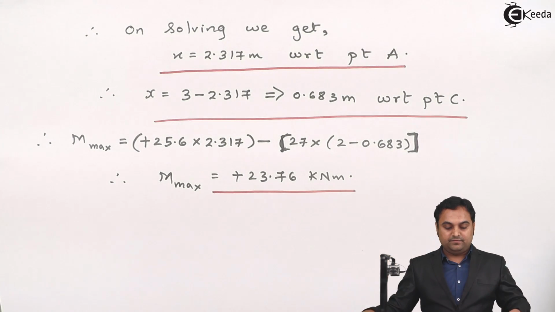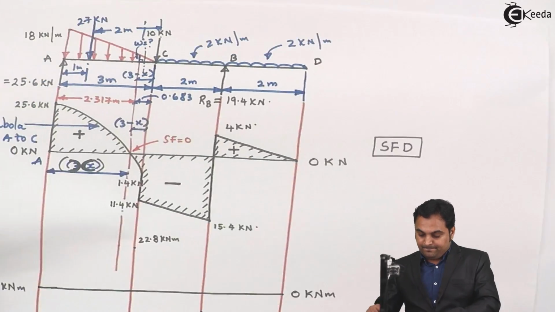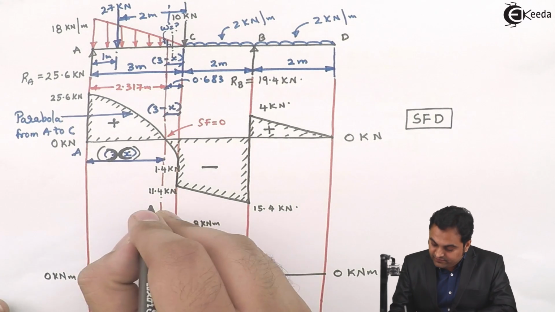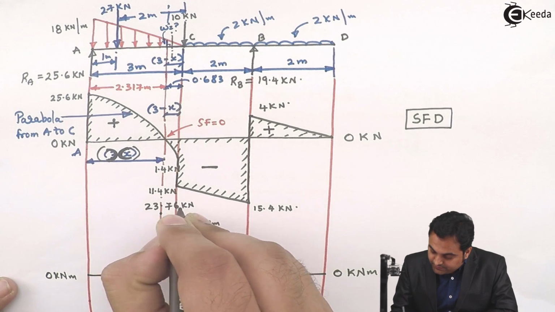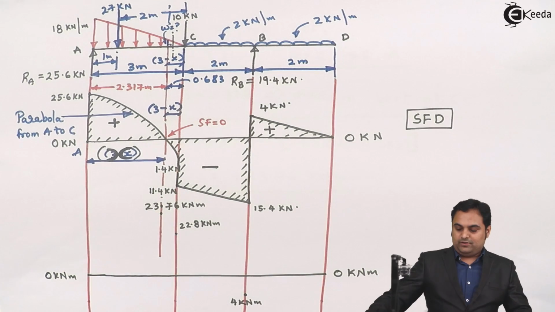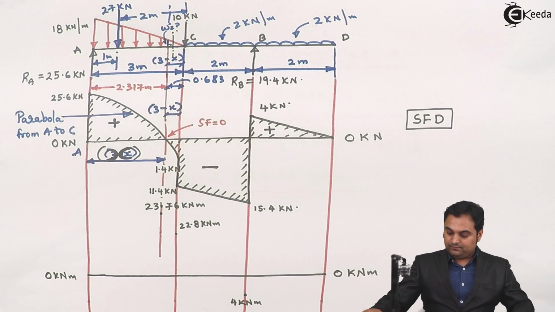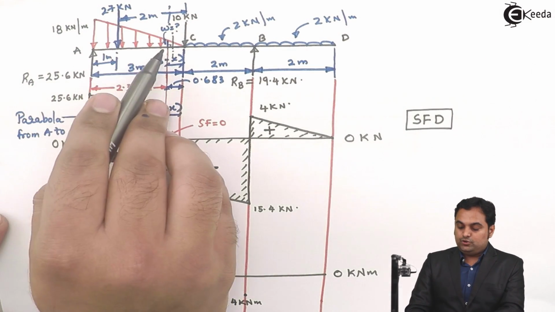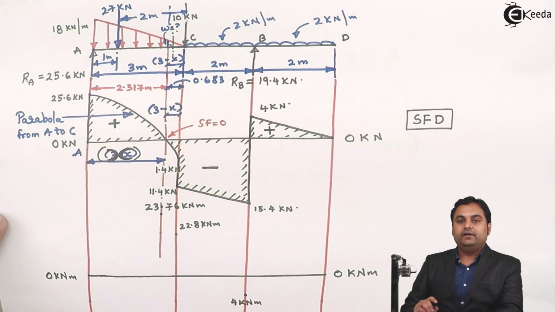And now this maximum bending moment I will be plotting onto the diagram. So 23.76, which is a positive value, kilonewton meter. So now after finding the maximum bending moment, I will draw the bending moment diagram. As we see here, there is UVL from A to C. So wherever there is UVL, the shear force diagram is a parabola and the bending moment should be a hyperbola, also called a cubic curve.